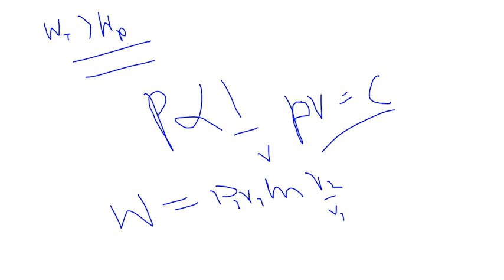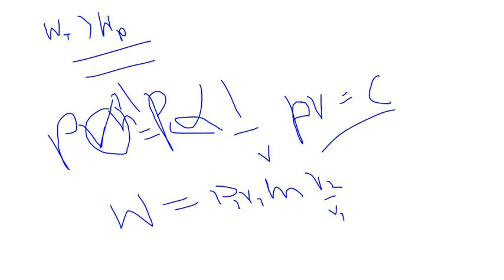Why is it like this? Because we know that P v to the power n is equal to constant. Now if n is equal to 0, then this part will be 1, since v to the power 0 means 1. So ultimately P is equal to constant.